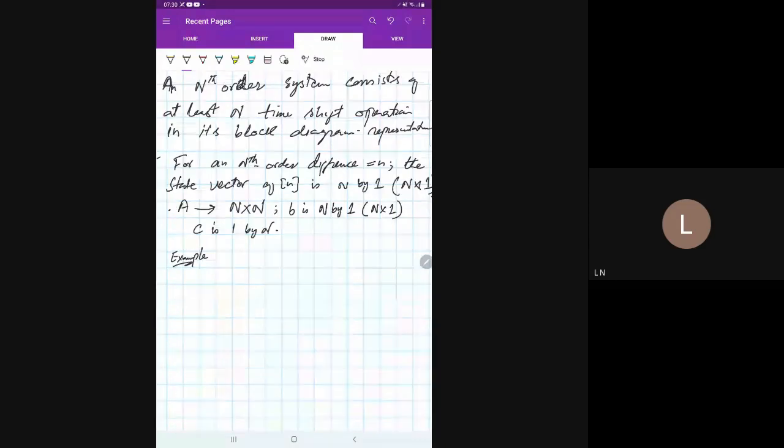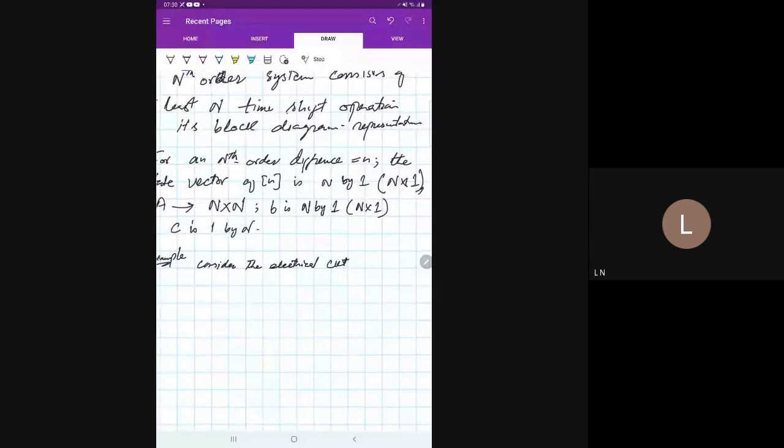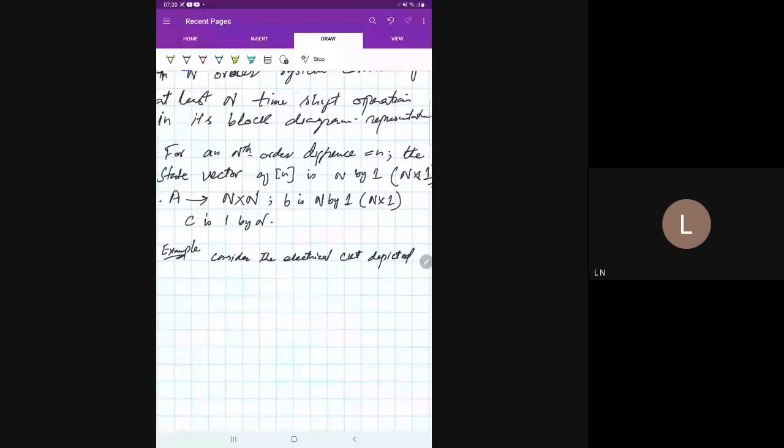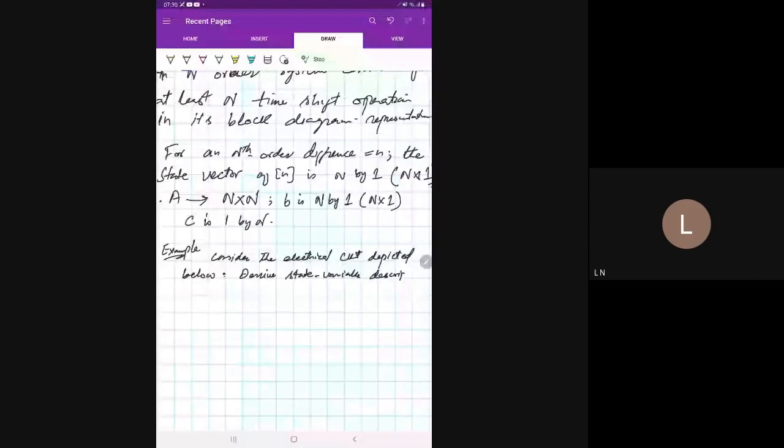It says, consider the electrical circuit depicted below, and derive the state variable description of this system.